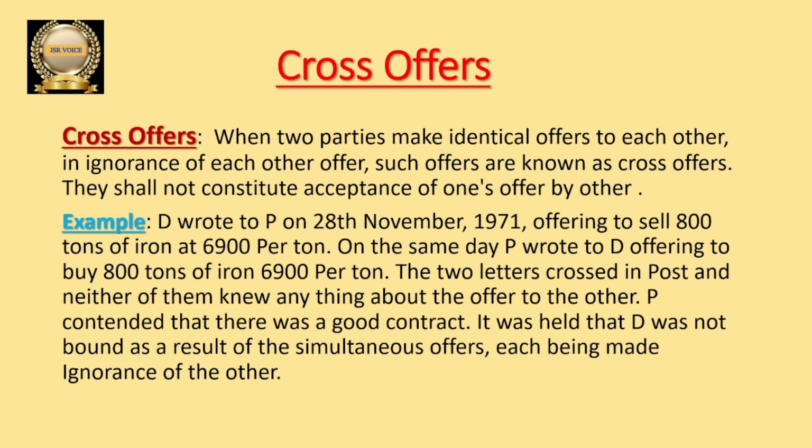But it is not a correct offer, because both made the offers to each other without knowing about each other's offer. So these are known as cross offers. Simultaneous offers are known as cross offers. Hope this is clear for everyone.